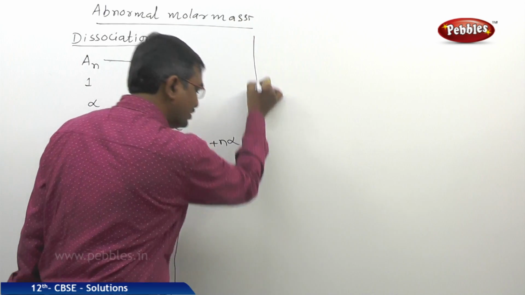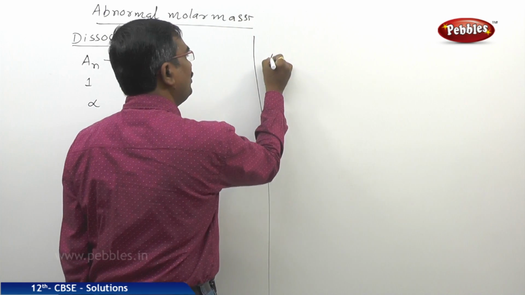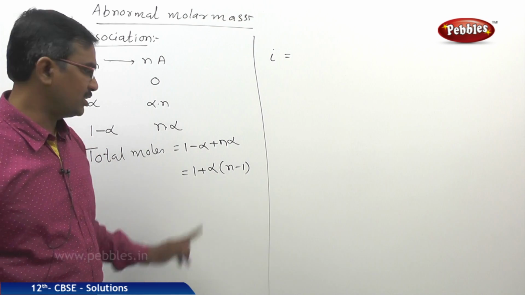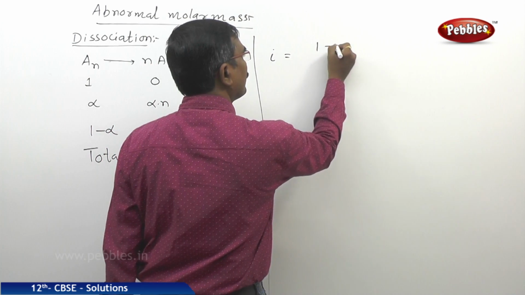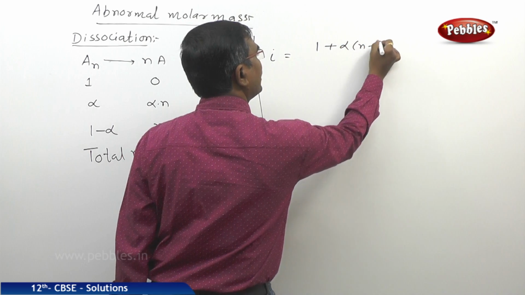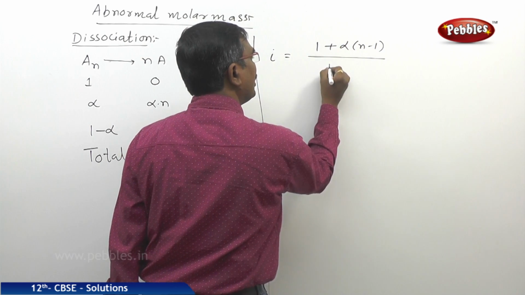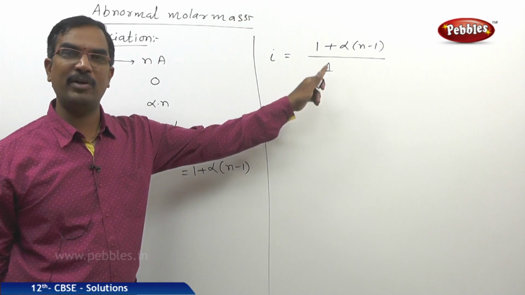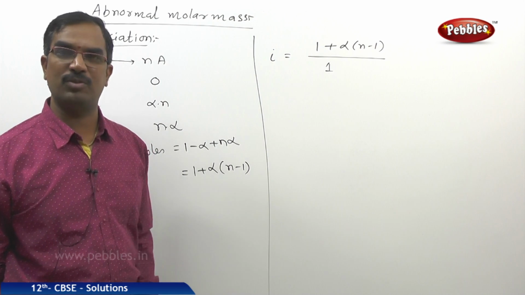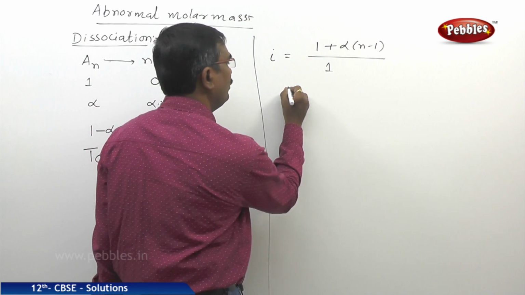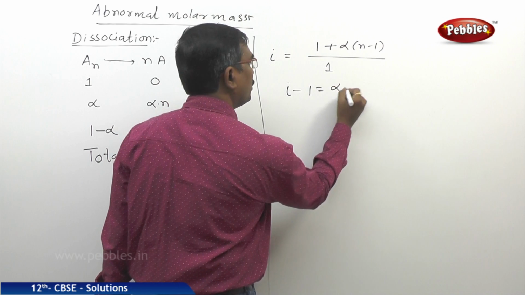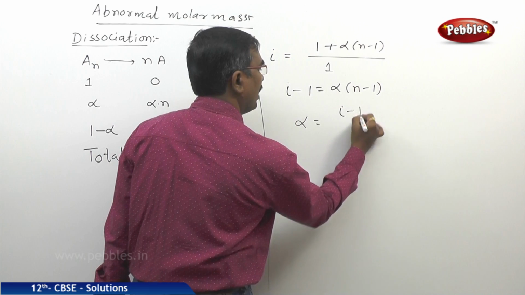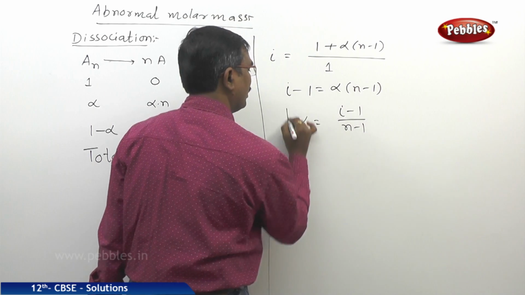As per the generalization, the value of i is the number of moles after dissociation, 1 plus alpha into (n minus 1), divided by the initial number of moles, which is 1, the number of moles before dissociation. So from this we have i minus 1 equal to alpha into (n minus 1), or alpha is equal to (i minus 1) by (n minus 1).